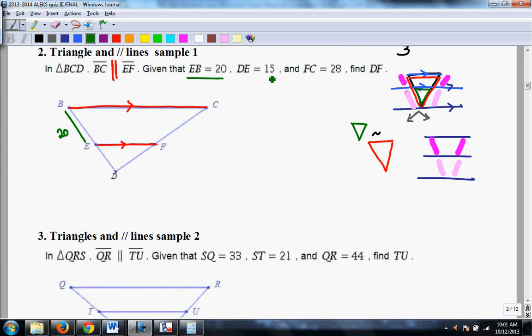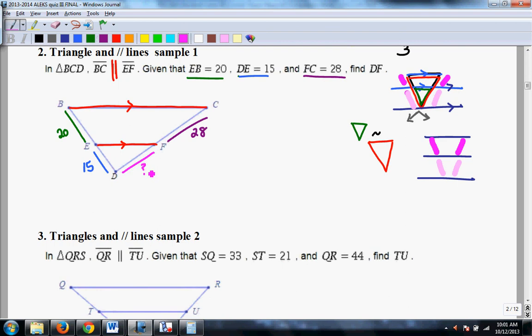And we are told that DE is 15. Switch colors. And we are told that FC is 28. And we're trying to find DF.